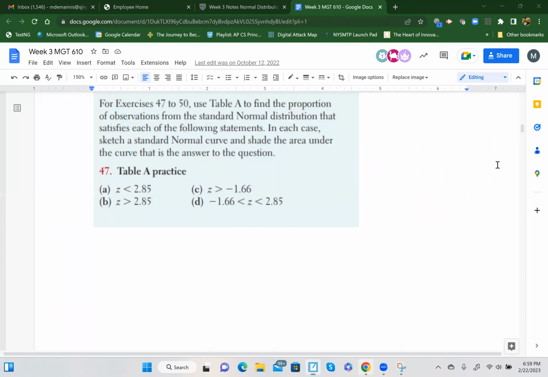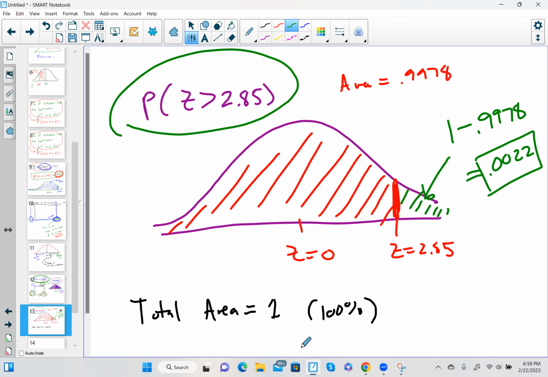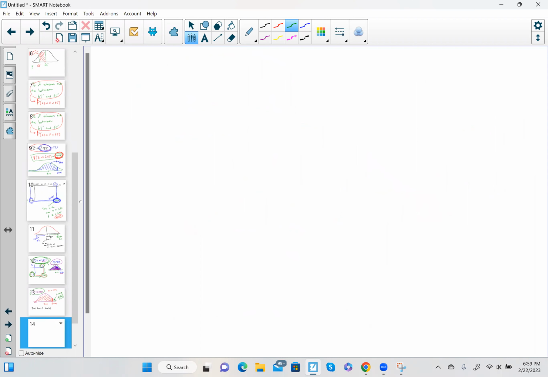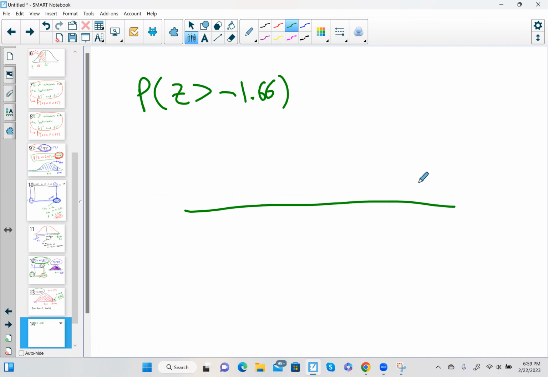Let's go back to the document and look at part C. Part C says find the probability that Z is greater than negative 1.66. All right, let's write that down and do that question. Here's the picture we would draw.